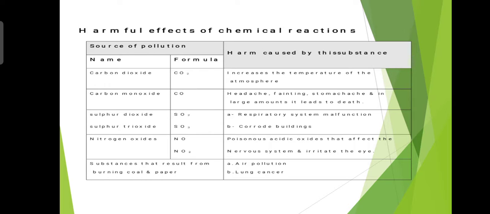Sulfur dioxide and sulfur trioxide, SO2 and SO3, cause respiratory system malfunction, meaning breathing problems, and corrosion of buildings. Nitrogen oxides, like NO and NO2, cause poisonous acidic rains that affect our nervous system and eyes. Finally, substances resulting from the burning of coal and paper cause air pollution and lung cancer.